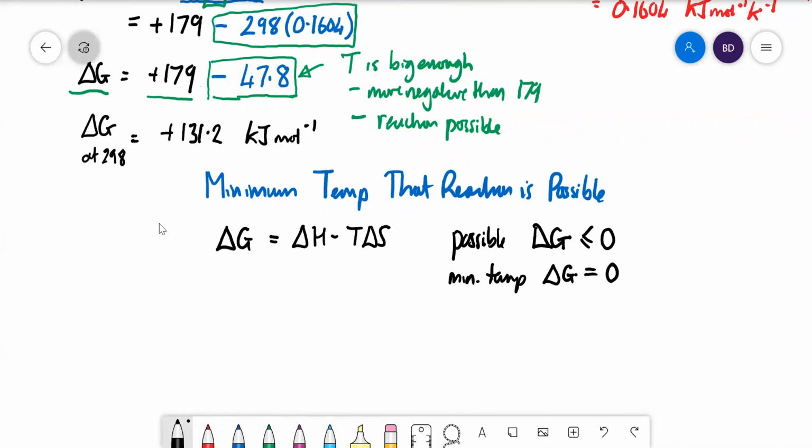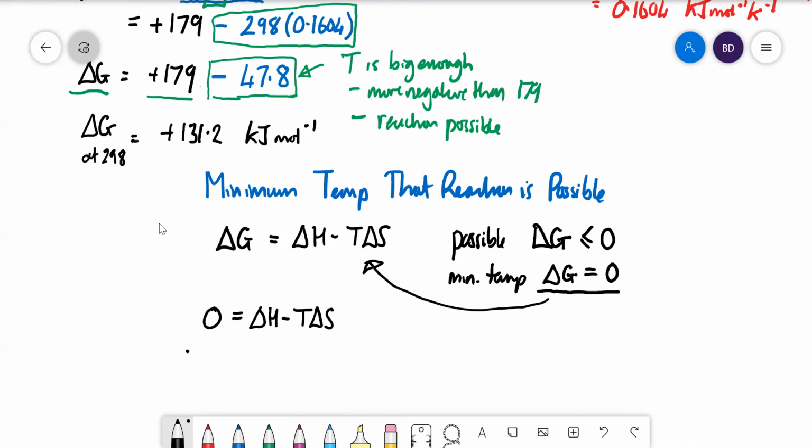Because at low temperatures, delta G is going to be positive, and as the temperature increases, it's going to get lower and lower and lower. Eventually, it's going to become 0. At that temperature, that's the minimum temperature the reaction can occur. So we're going to sub that value into this equation here. So we get 0 is equal to delta H minus T delta S.